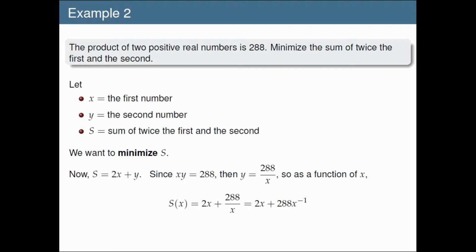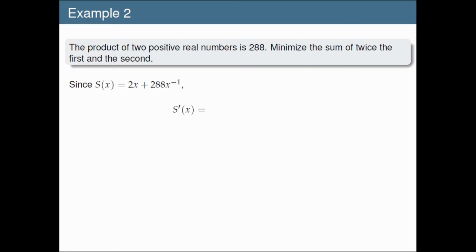We now get the constraint. Since we have positive here, x must be greater than 0, or the value of x must come from the open interval 0 to infinity. We now get the derivative of s. Derivative of 2x is 2, and derivative of 288x raised to negative 1 is negative 288x raised to negative 2.